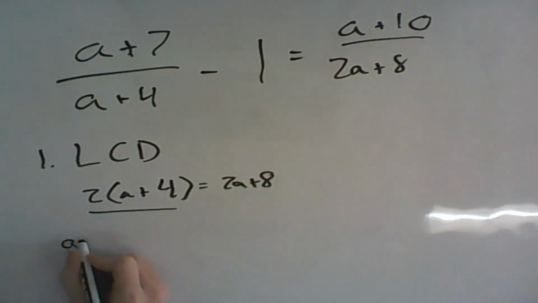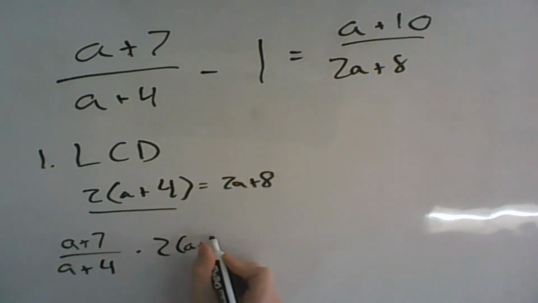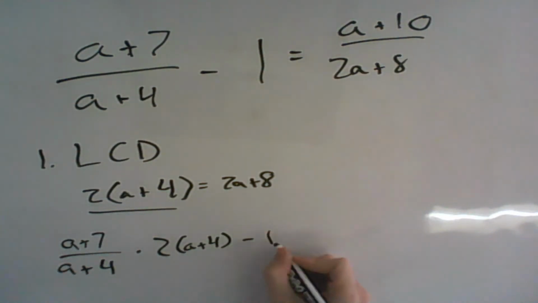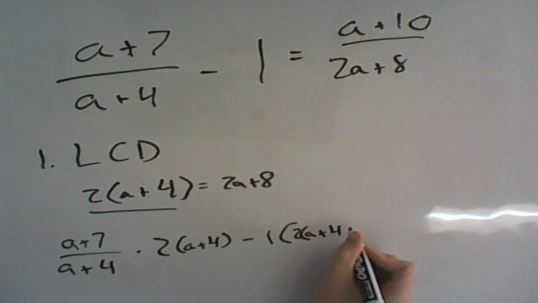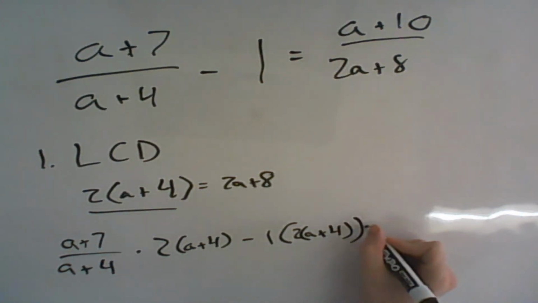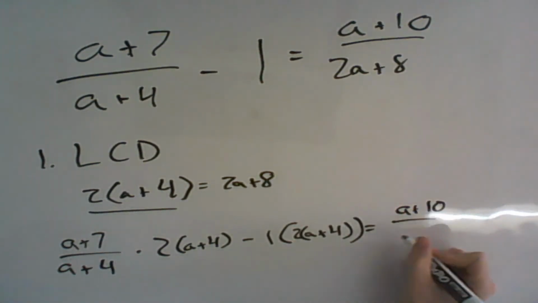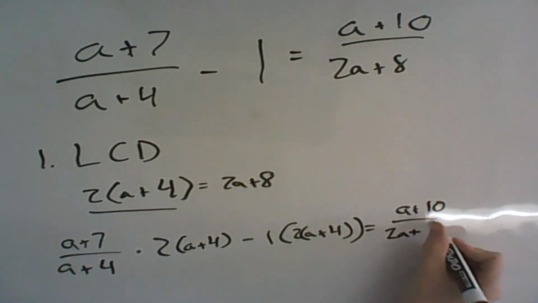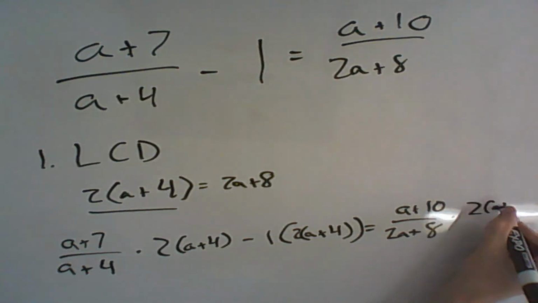So we get a plus 7 over a plus 4 times 2 times a plus 4, minus 1 times 2 times a plus 4, equals a plus 10 times 2 times a plus 4.